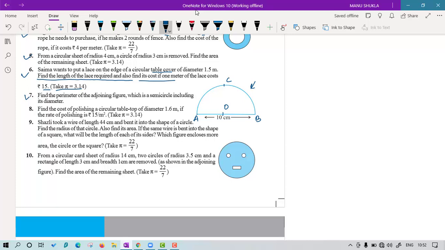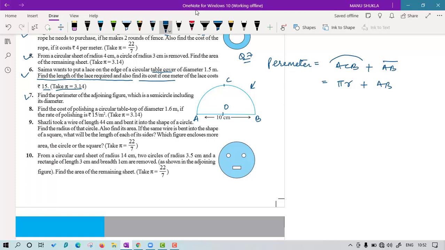Now the perimeter, question number 7 I am doing. Perimeter or circumference is given by length of arc ACB plus length of line segment AB. We all know the length of the arc is given by pi r, and the length of AB is normal.